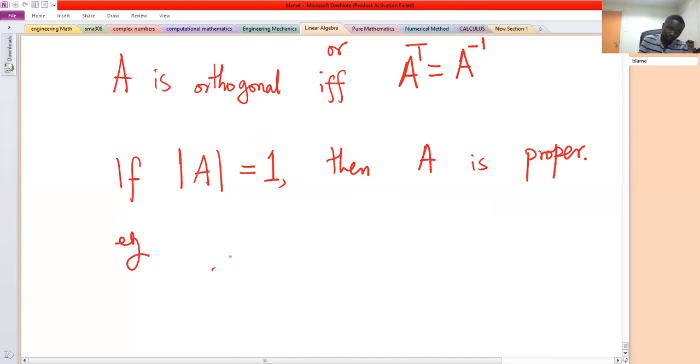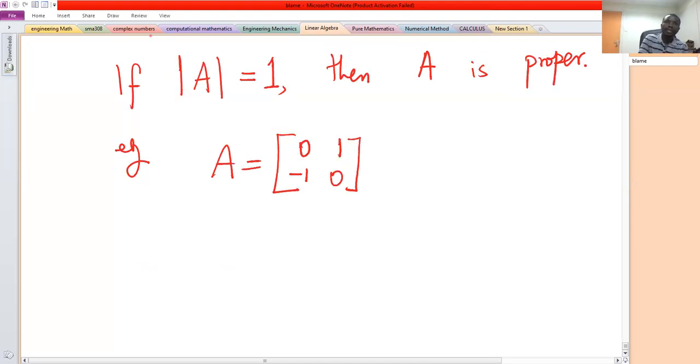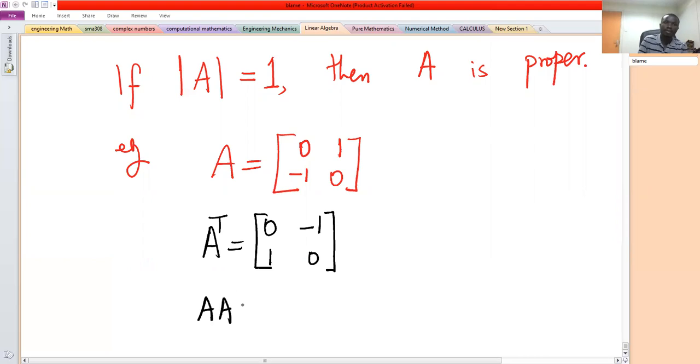For example, if we have A given by 0, 1, -1, 0, we see that this matrix's transpose would be 0, -1, 1, 0, and A times A transpose is 0, 1, -1, 0 times 0, -1, 1, 0.